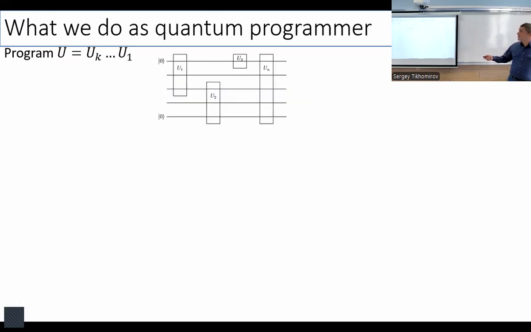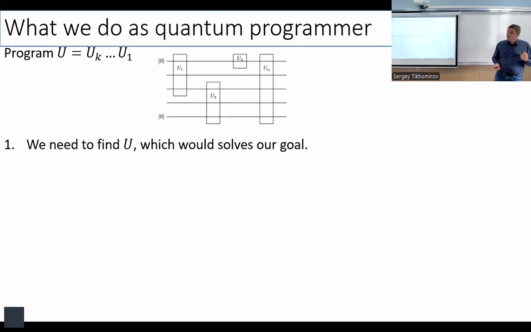So what should we do? I told that we have a scheme. A program is called a quantum scheme, so we need to write a scheme. It typically consists of two steps.